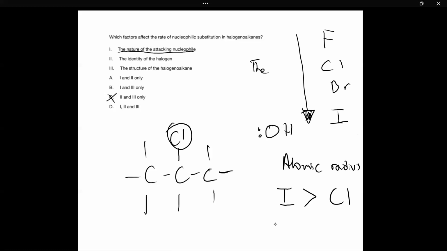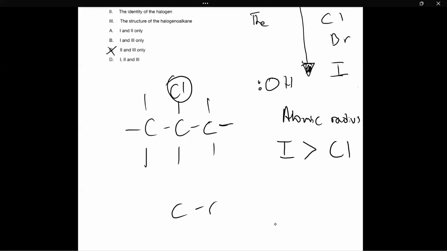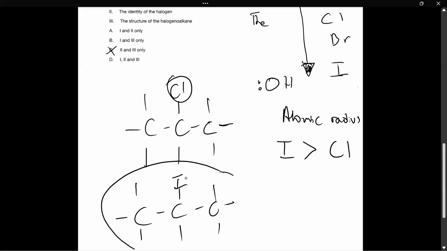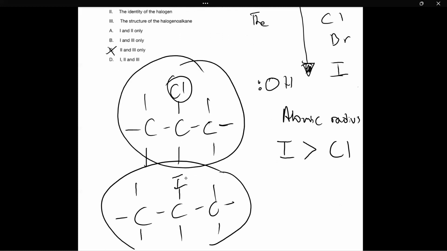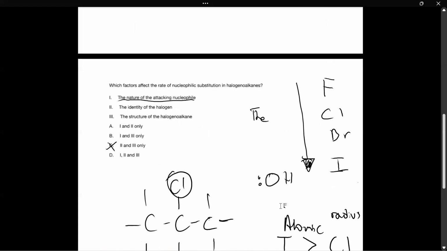And that means the identity of the halogen is going to determine how fast your nucleophilic substitution occurs. If you have the same propane, but instead of chlorine, you have an iodine here, this molecule is going to undergo nucleophilic substitution faster than this molecule, because iodine is a better leaving group than chlorine, because iodine has a larger atomic radius. So hopefully that makes sense.